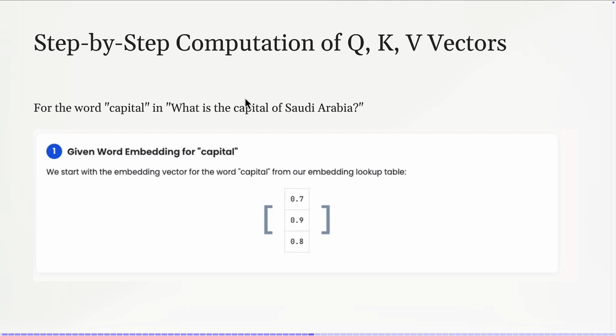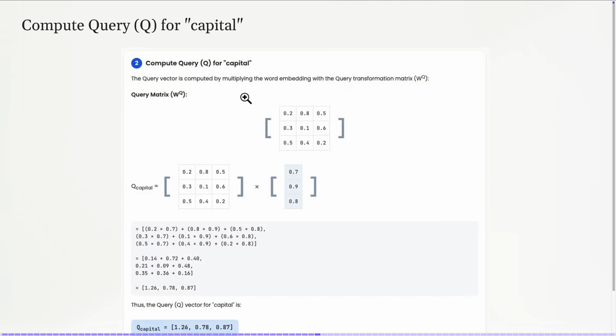Let's go into more detail. We start from the word capital. It has the following embedding. What do we do? We calculate its query vector. Very simple: the Q weight matrix multiplied by the embedding, and at the end I will find Q capital.